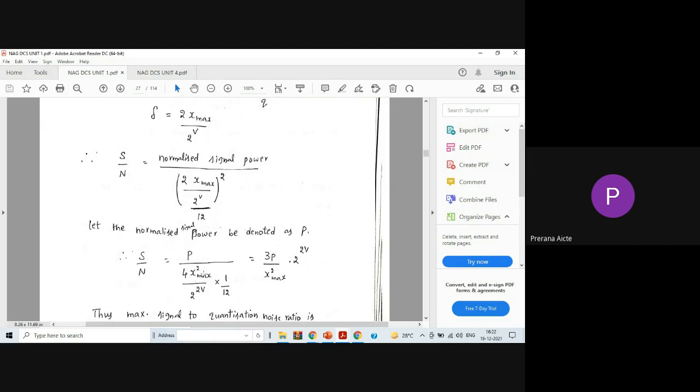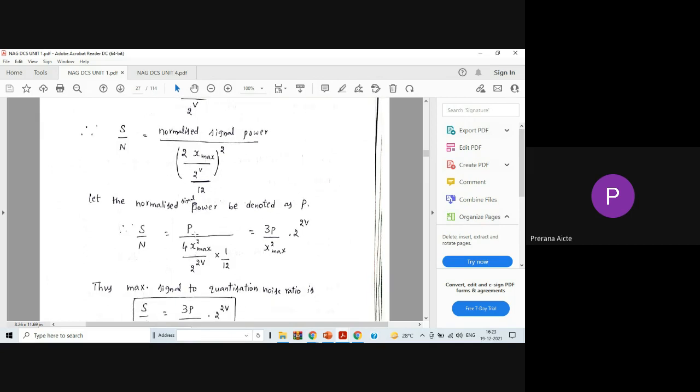Okay. Let's assume the normalized signal power is denoted as P. That is, we are replacing this numerator with the power P. So P by, expanding this, 4 X square max by 2 power 2V into 1 by 12.